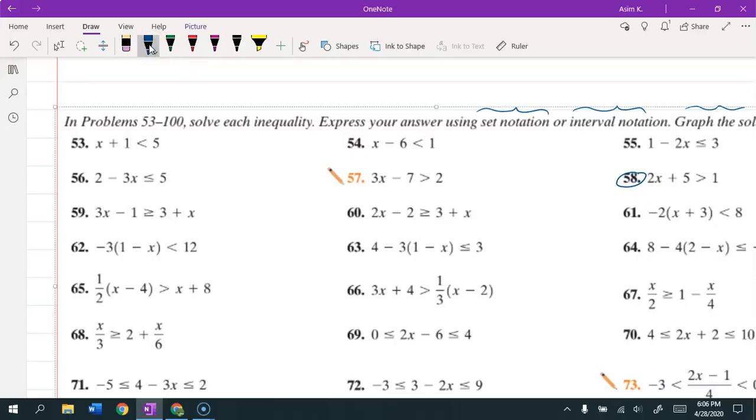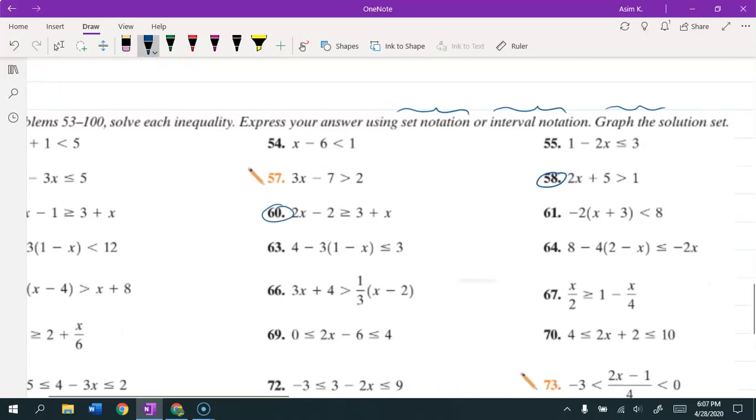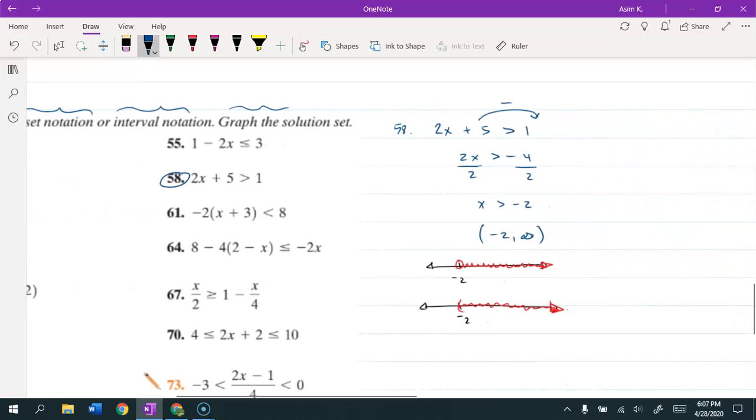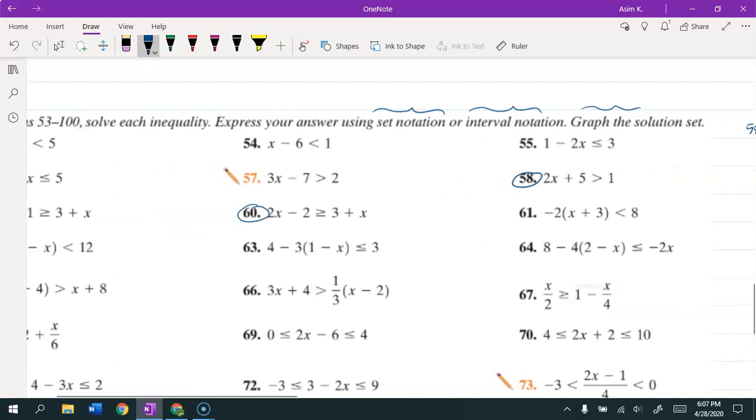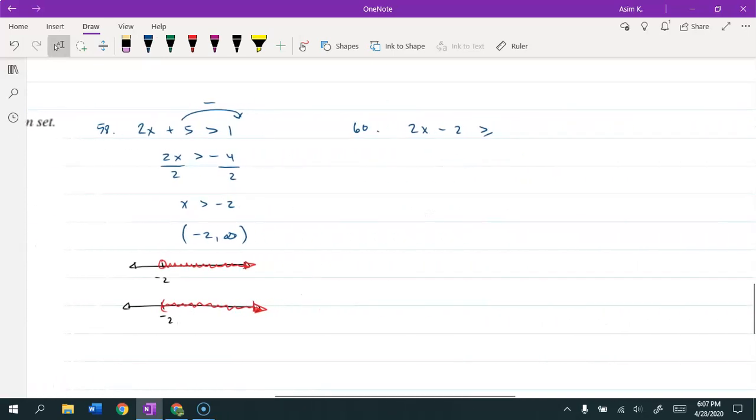All right, let's take number 60 here. Number 60 says 2x minus 2 is greater than or equal to 3 plus x. And in this situation, I would recommend that you move the x to the left side, right?